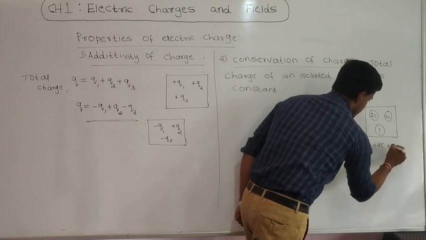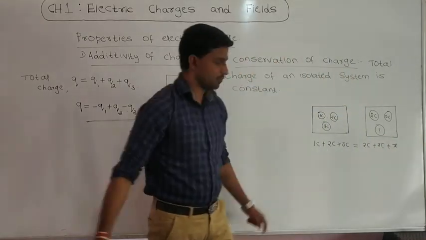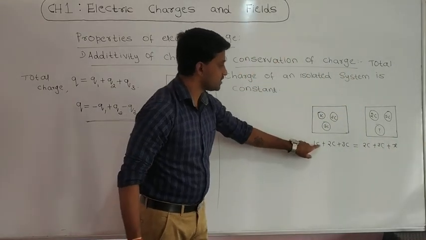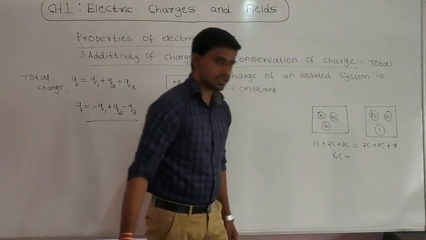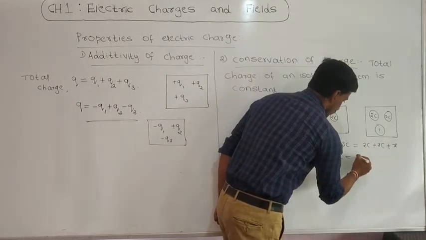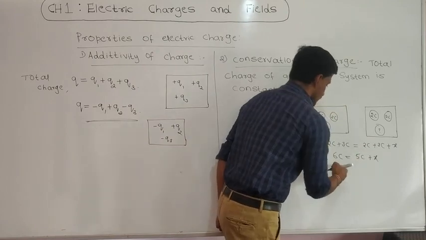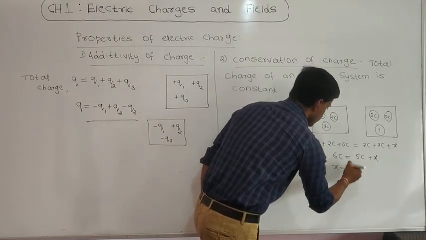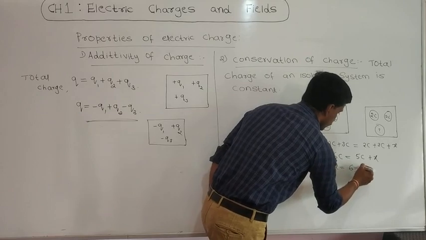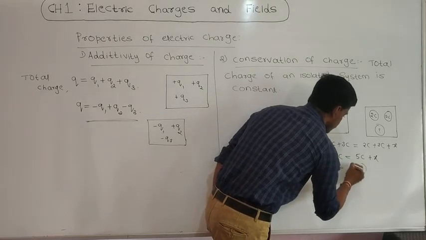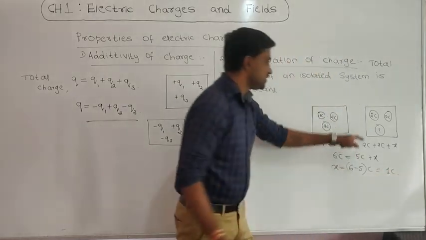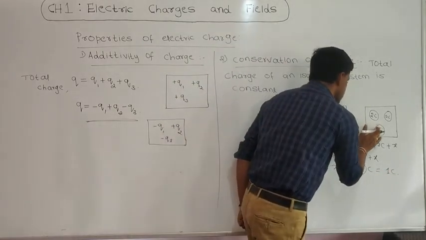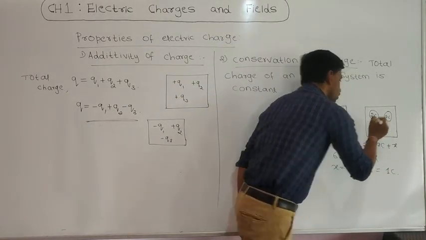I will take that as x. On the left hand side it has 6 coulomb, and on the right hand side it is 5 coulomb plus x. So x is equal to 6 minus 5 coulomb, that is equal to 1 coulomb. That means after shaking, the third charge value is 1 coulomb only.